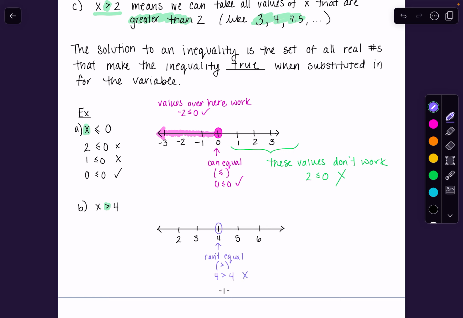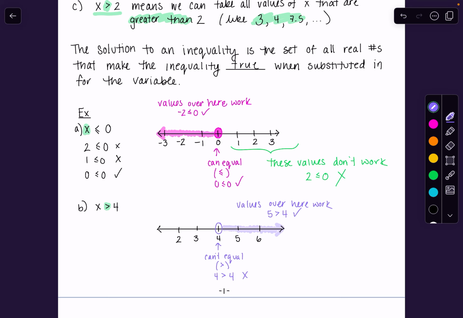Okay. But if I think of all the values of x that are bigger than 4, that's going to be numbers like 5, 6, 7, 8, 9, 10. Anything over here is going to work. So the values on this side work, and you can plug them in to verify that you do get a good statement.